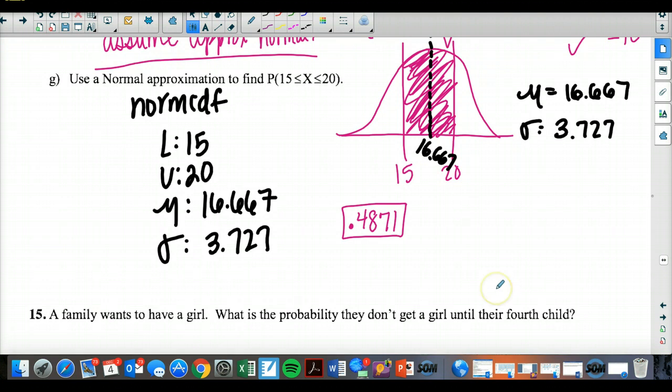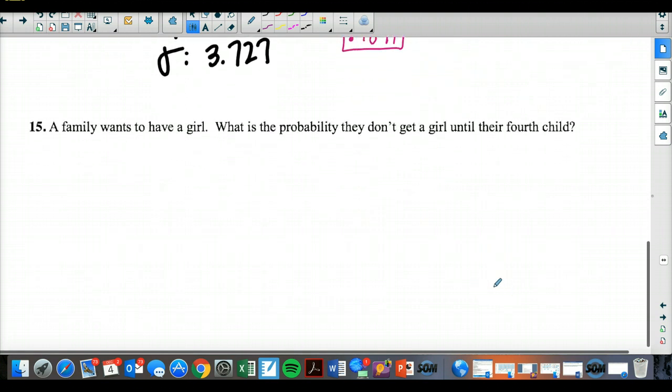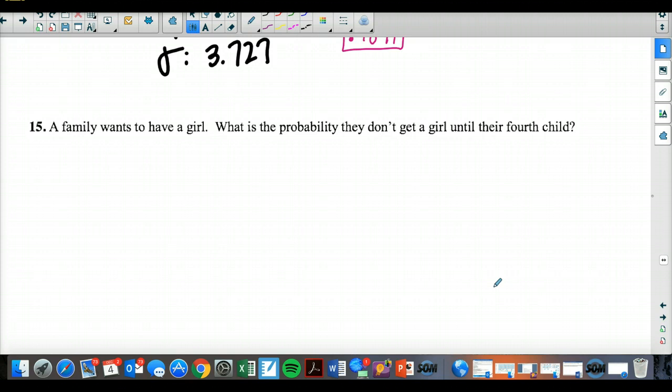Okay, on the next one, a family wants to have a girl. What's the probability that they don't get a girl until their 4th child? What is that? They're saying it's kind of like they get it on their 4th child, so it is exactly 4.